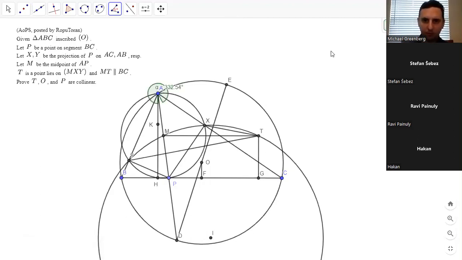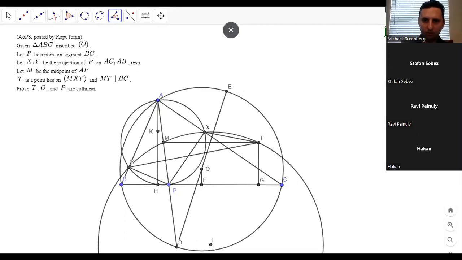So angle HAF is 27, and angle GPT, no. Maybe if we, wait, oh, are you doing moving points?